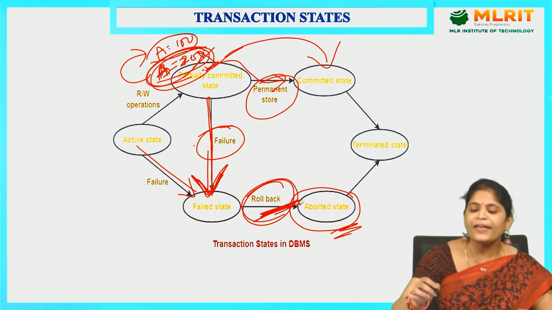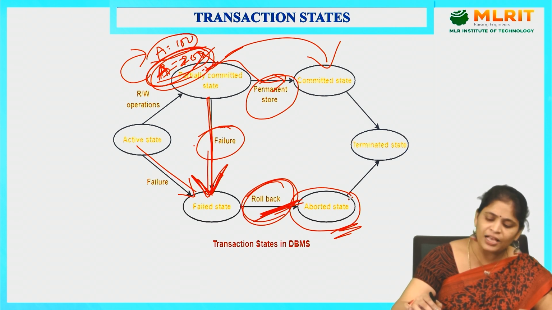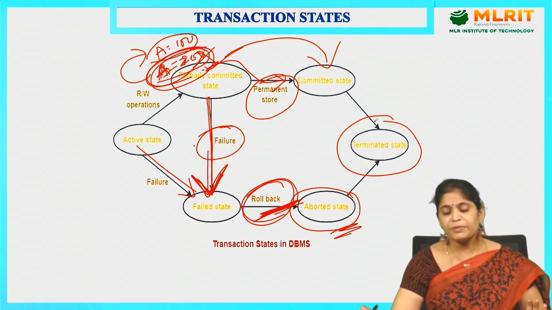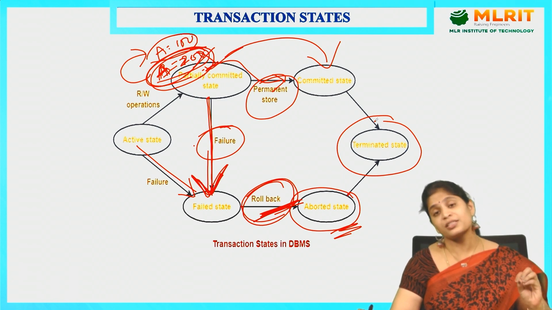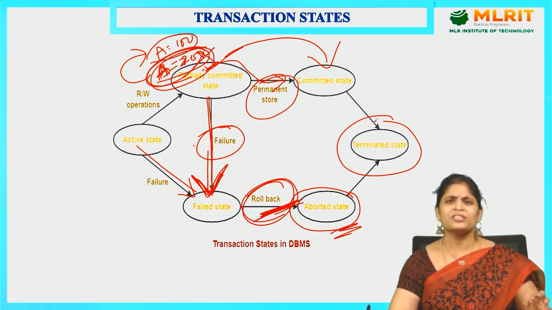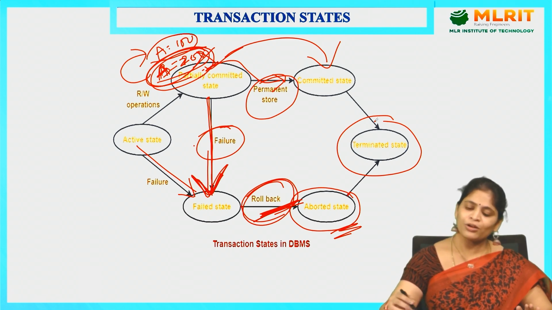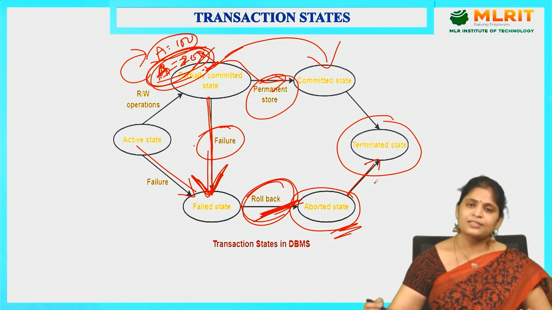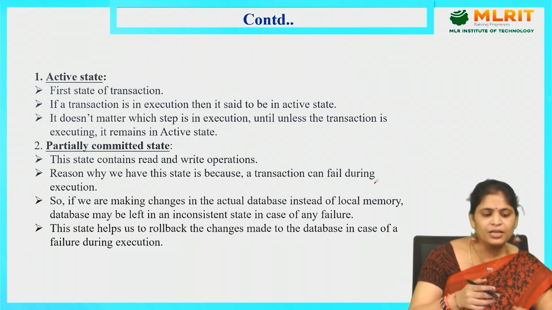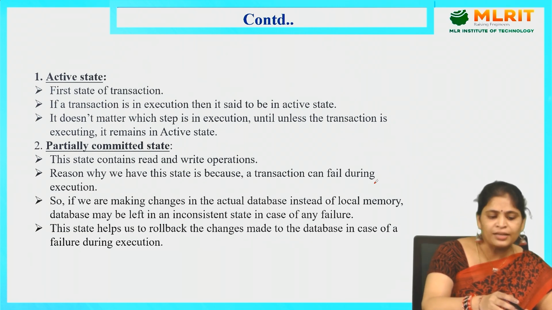And the last final state is nothing but the terminated state. That means if the transactions are successful, then it comes under terminated. If the transactions fail, that also comes under the last stage, the terminated state. Let us discuss these states in detail.